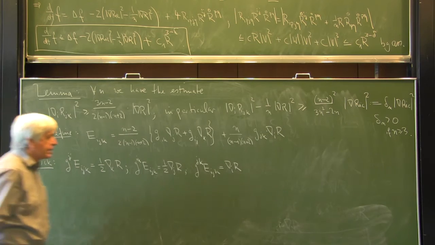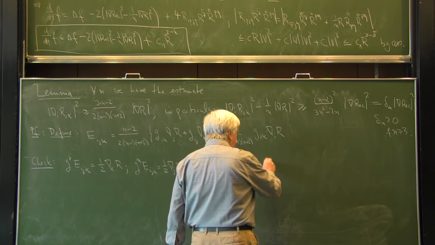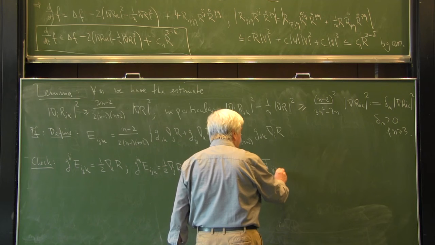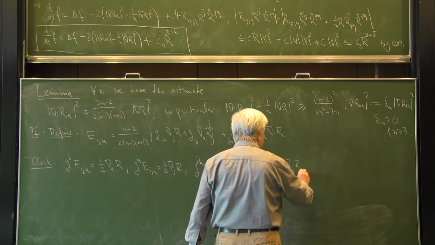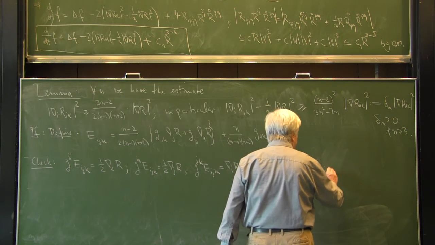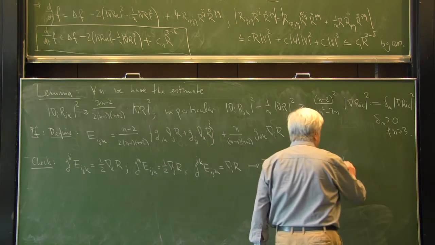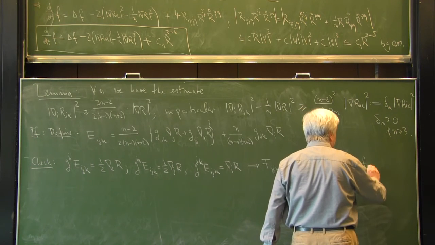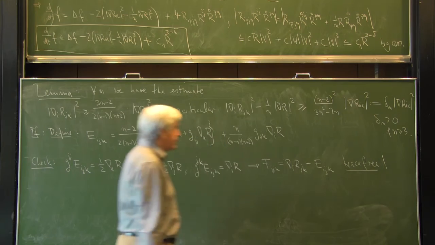In other words, the traces of E are exactly the traces of gradient i, R, j, k. And this means that the tensor F_ijk, which is the remainder when you subtract this trace part, must be completely trace-free. So F is trace-free.